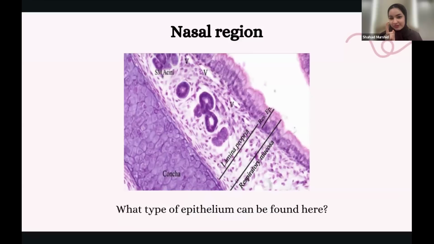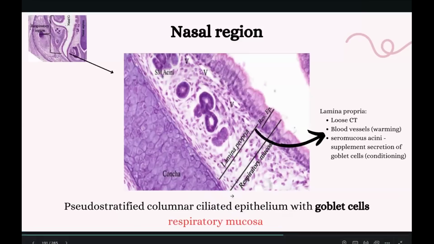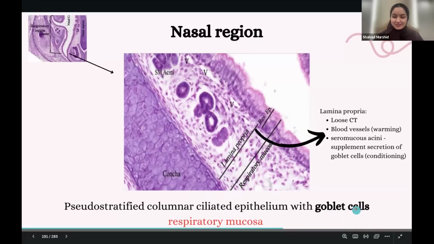Yes, with cilia and goblet cells. Perfect. You really need to say the whole name in the exam. You might get some marks for saying the rest, but try to say the whole thing. Ciliated with goblet cells and pseudostratified columnar. Okay, so this is respiratory epithelium and it has goblet cells.